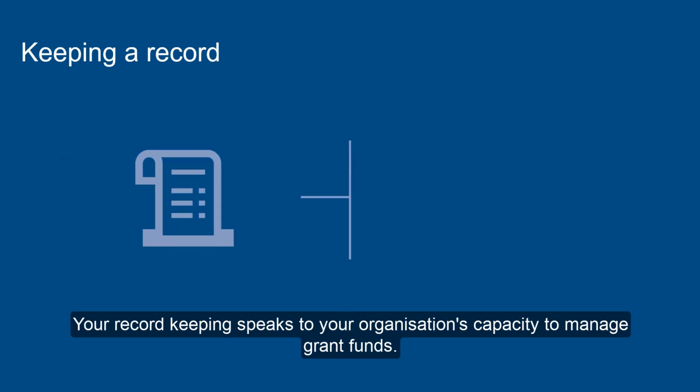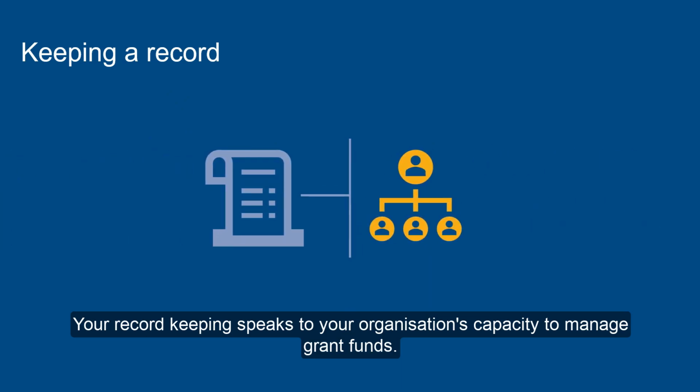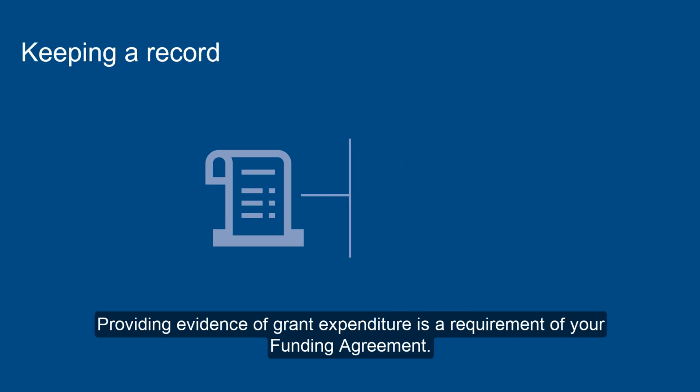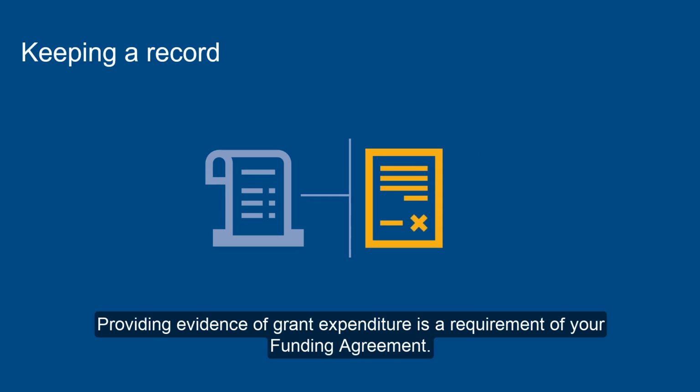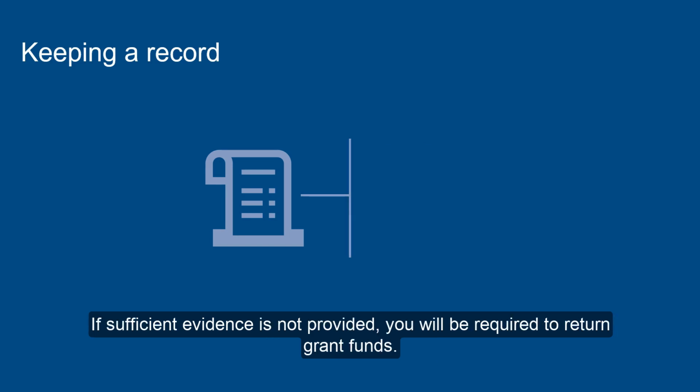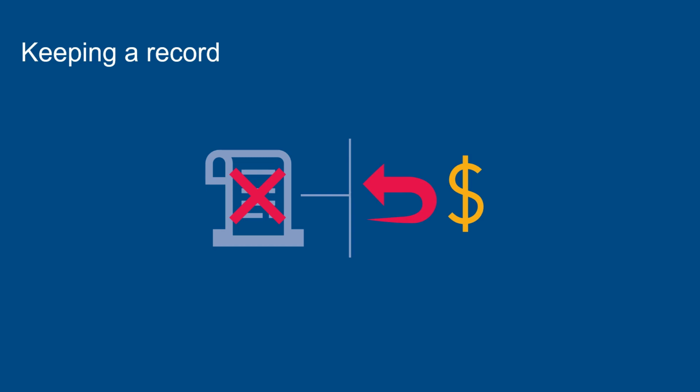Your record keeping speaks to your organization's capacity to manage grant funds. Providing evidence of grant expenditure is a requirement of your funding agreement. If sufficient evidence is not provided, you will be required to return grant funds.